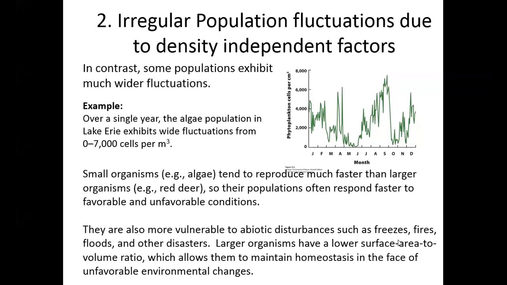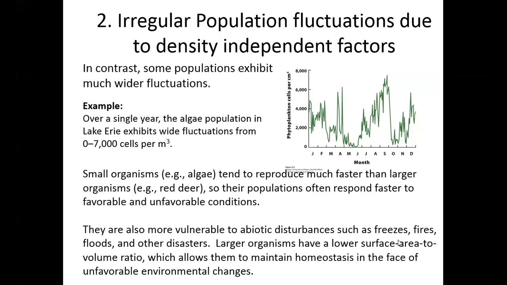They typically are small and short-lived organisms, because long-lived large organisms can either run away from disasters, and so their populations are not affected, or, for instance, in a freeze that's going to kill 99% of the mosquitoes, it's going to kill exactly 0% of raccoons or deer, because they're big enough to be buffered from the environment. So large species are relatively insensitive to these density independent factors, whereas small species tend to be very sensitive to them.